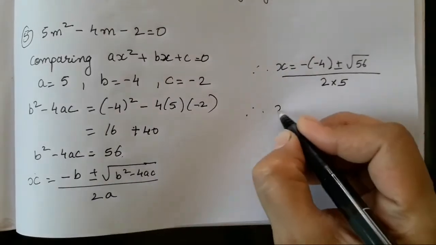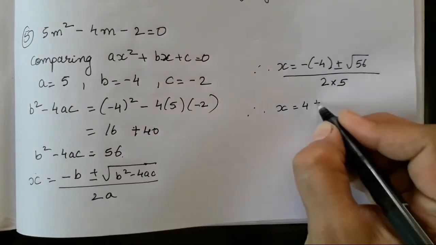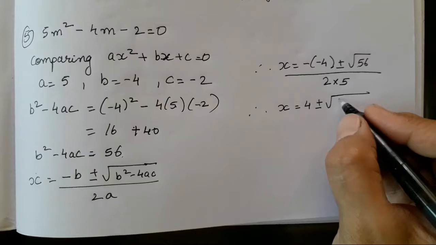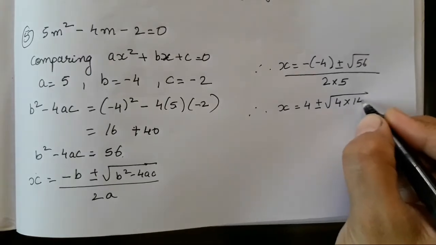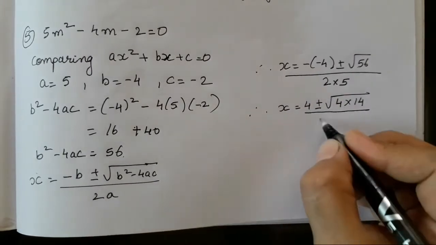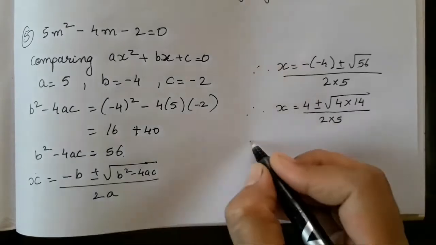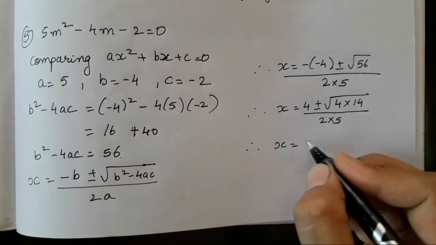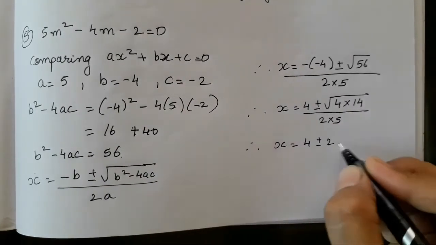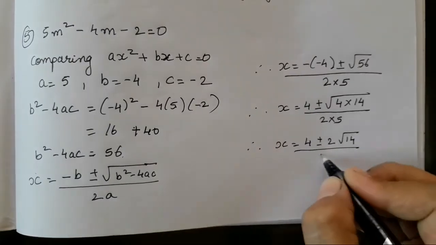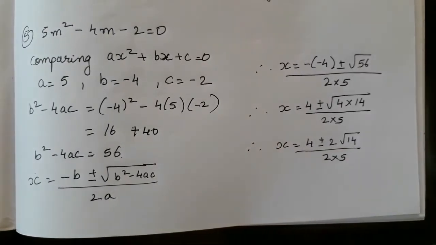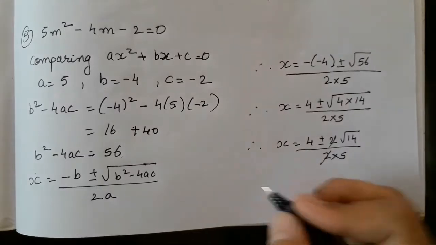Alright, now x is supposed to be 4 plus and minus. We will split 56 in such a way that we can get 2 out of it. Therefore, x is supposed to be 4 plus and minus 2 root 14 upon 2 into 5.